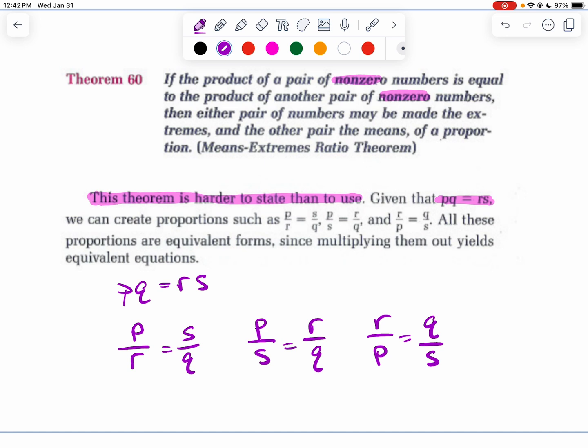So if we look at this, P and Q are always going to be diagonal from each other, no matter where they're at. Same with R and S. That's all that this says. So if it asks you to restate something, or to create an equivalent proportion, as long as you have the means and extremes on that same diagonal, you're good to go.